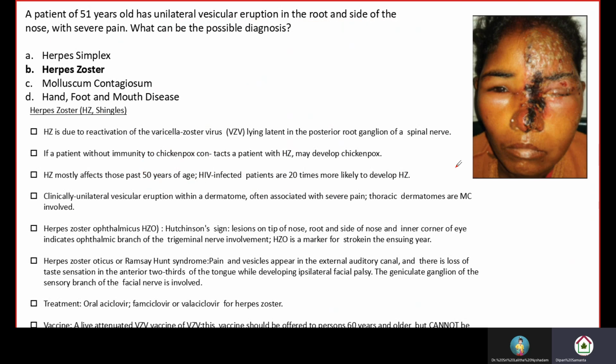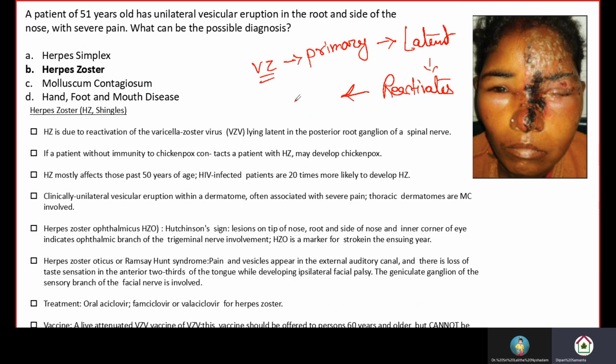The answer is herpes zoster. First of all, varicella zoster primary infection occurs and it remains in a latent stage. Then it reactivates and causes herpes zoster infection in the posterior root ganglion of the spinal nerve.